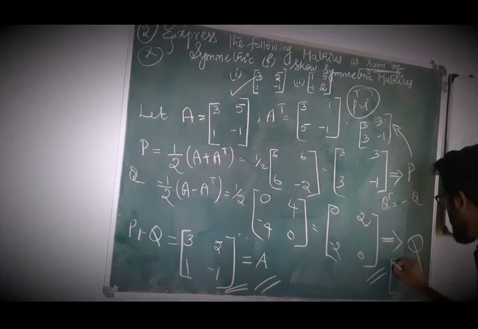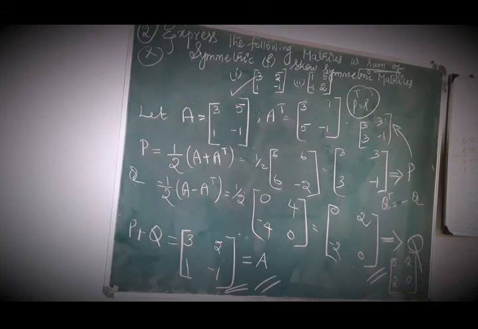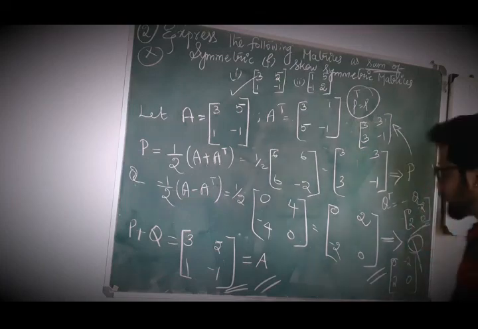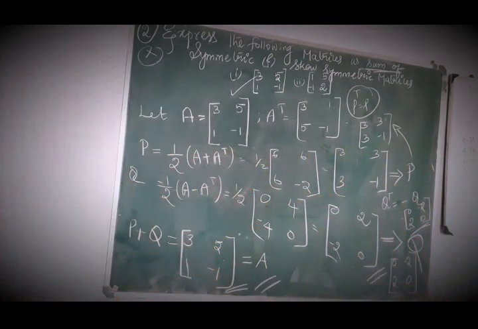Take Q transpose: 0, minus 2, 2, 0. This is nothing but Q transpose. Now minus Q: take minus outside, then what will be 0, minus 2, 2, 0. So check, Q transpose is equal to minus Q.